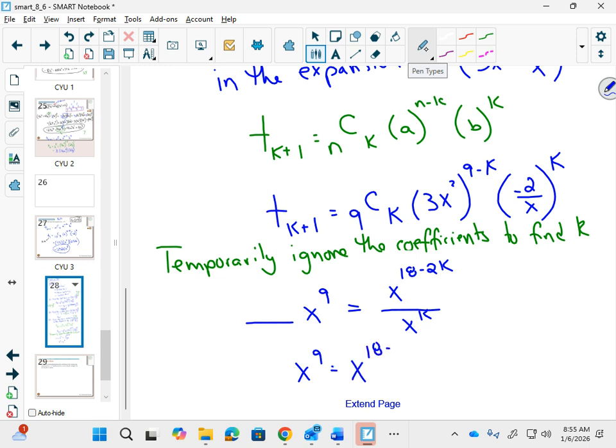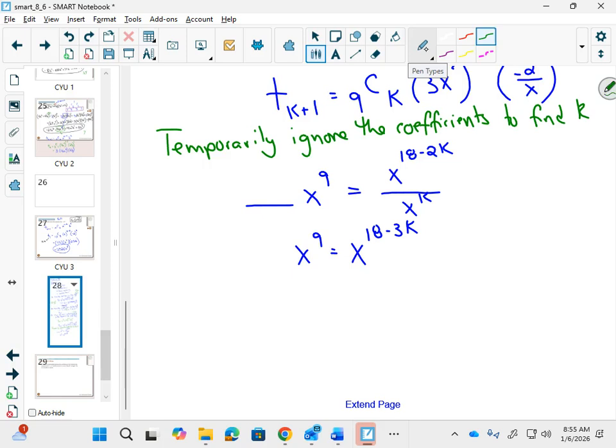So do you see this become 18 minus 3k? And then if you went back to your exponents and logs unit, this is where I did this, and I put the 3 dots. If the bases are the same, the exponents would have to be equal. The 9 has to equal 18 minus 3k, and it's not very hard.